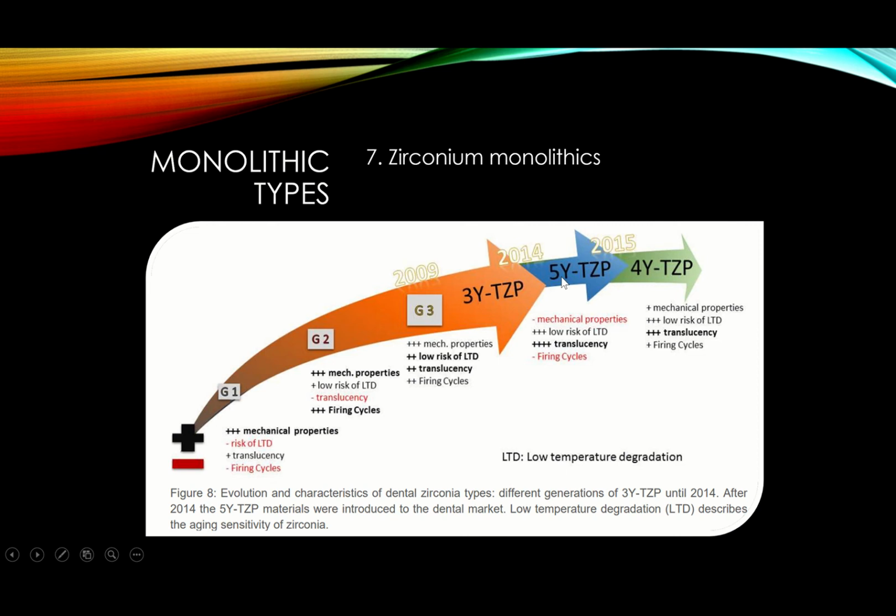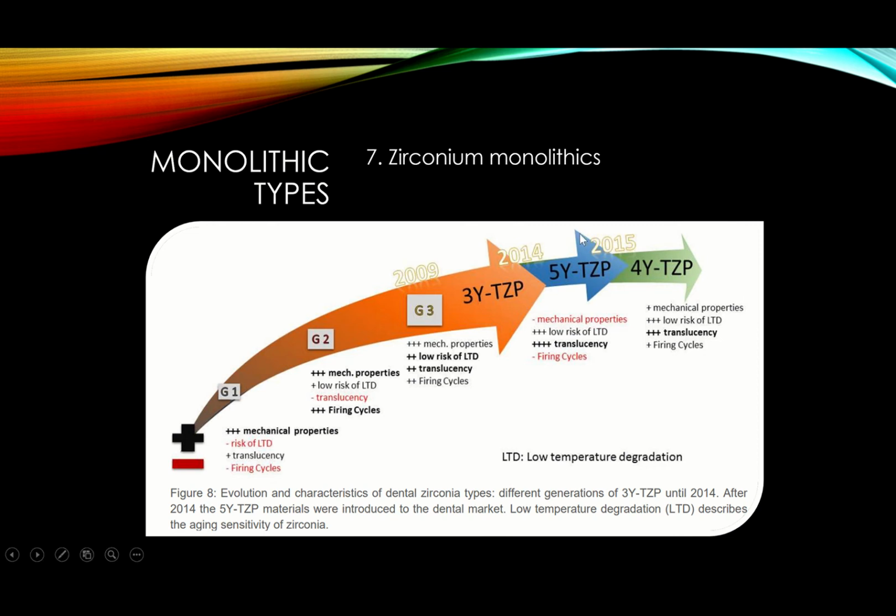And then we will see that there are other factors that you can play with to gain translucency. But up to this year, 2015, this is what they came up with: translucency by increasing yttrium regardless of mechanical property disadvantages. So we had a weak product, but a very highly translucent product.